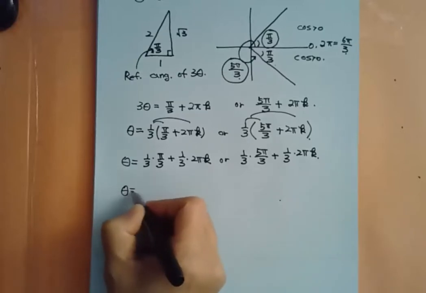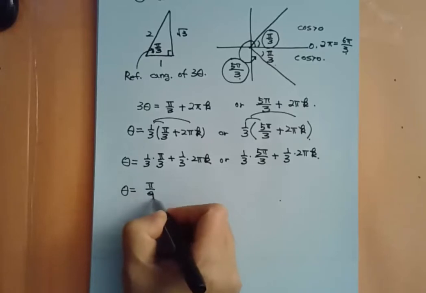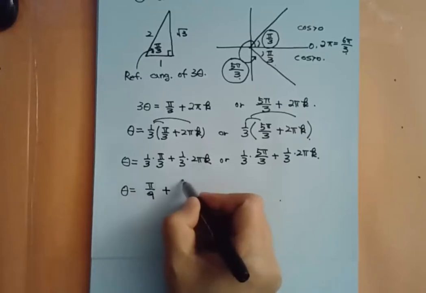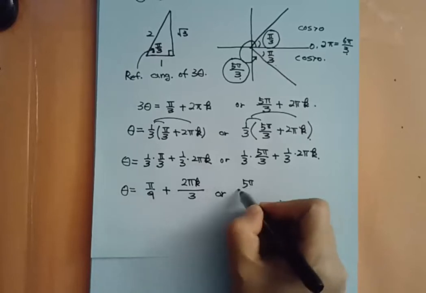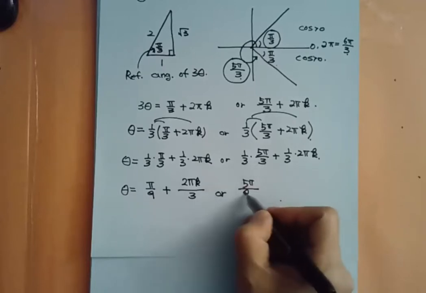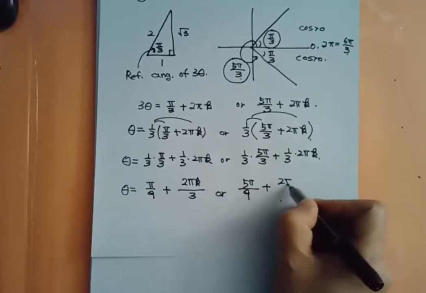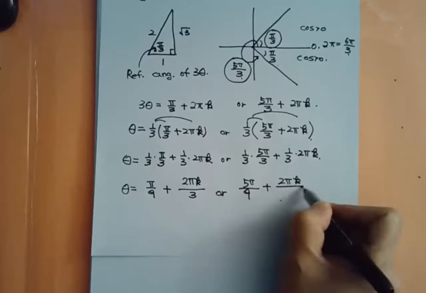So theta is pi over 9 plus 2 pi k over 3, or 5 pi over 9 plus 2 pi k over 3.